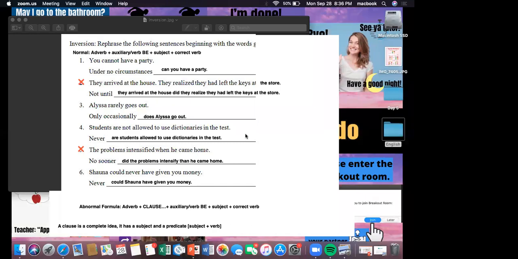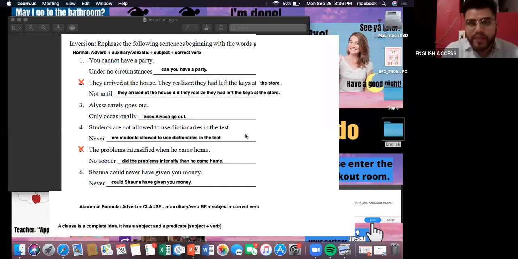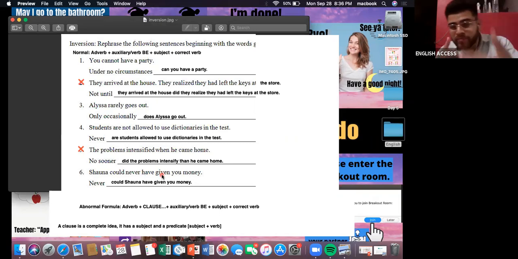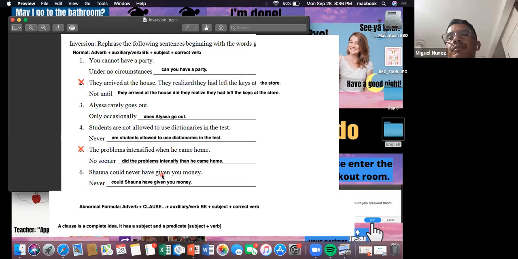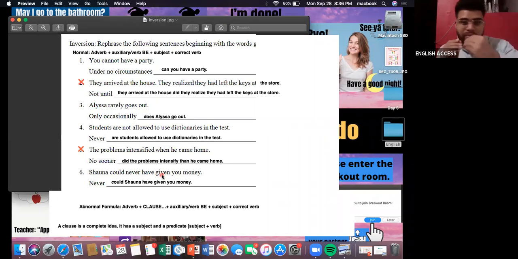What does this mean? This is a weird sounding sentence. This right here means that as soon as you arrive at home, the problems intensify. As soon as, like in that very moment that you arrive home, the problems intensify.